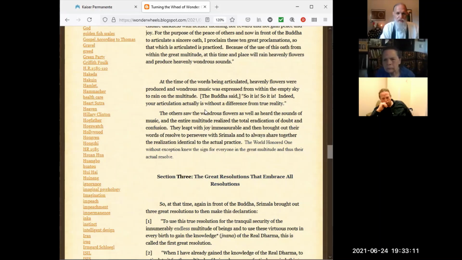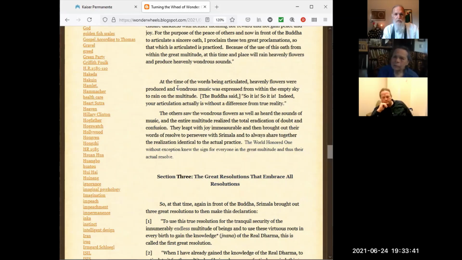The other thing I think is fun is my association when it says the heavenly flowers were produced and the wondrous music was made. I look at that as almost a conscious call-up for me, whether it's a totally free association or not, of this term of the insentient preaching the Dharma.